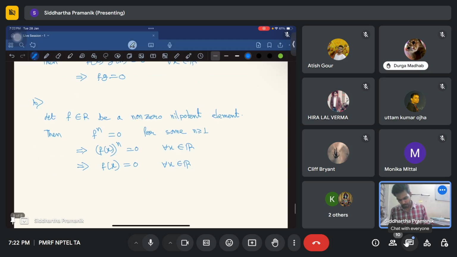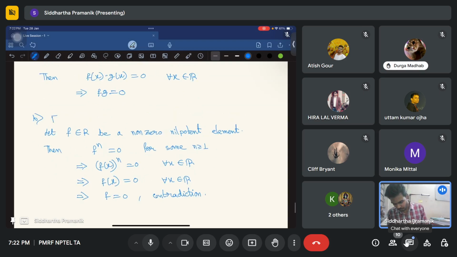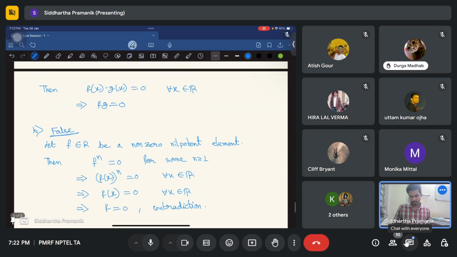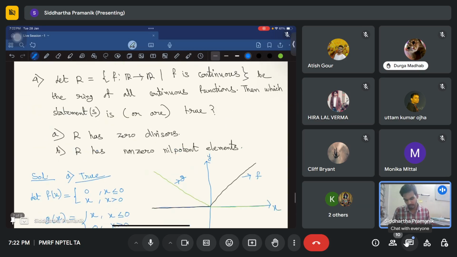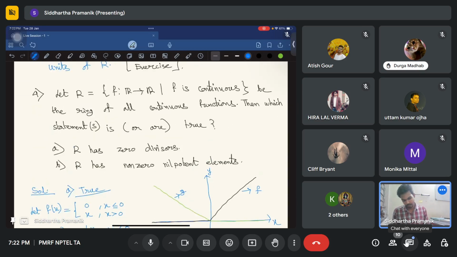Right? So that means f is actually the 0 function. That is a contradiction. So there cannot be any non-zero nilpotent element in the ring of all continuous functions.